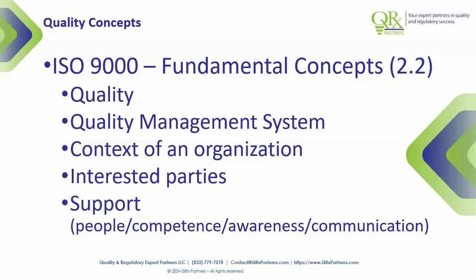They have to attain and maintain some competence. They have to have awareness of how they impact your product. And then you have to be able to communicate, whether it's through marketing or through instructions for use. All of these things are part of your communication. And of course, feedback is a part of your communication as well.